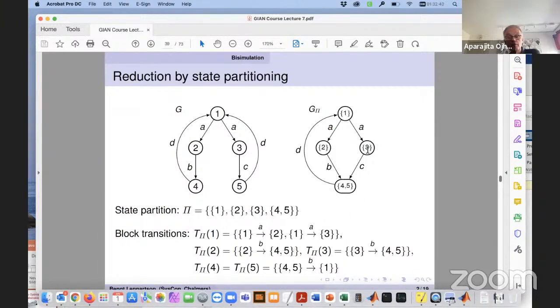And from state 3, you also have a block transition via the event B to 4 and 5. Now we come to the critical question: why could I join 4 and 5? Simply because 4 and 5 have the same block transition, namely that from 4 and 5 you can via the event D go back to state 1.